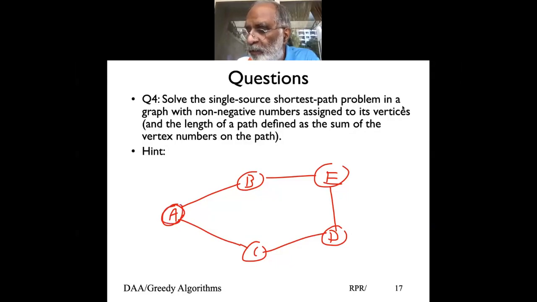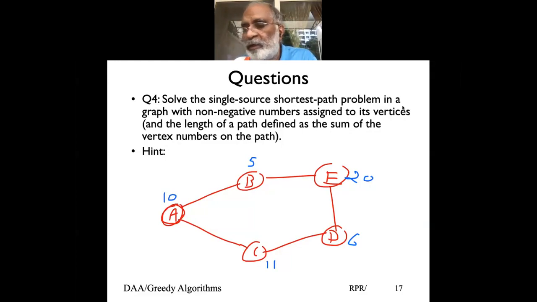Let's say the cost is given as 10 for A, 5 for B, 11 for C, E is 20, D is 6. And we want to find the time to take in visiting a node, what cost we will pay.